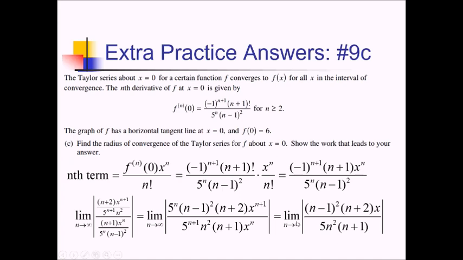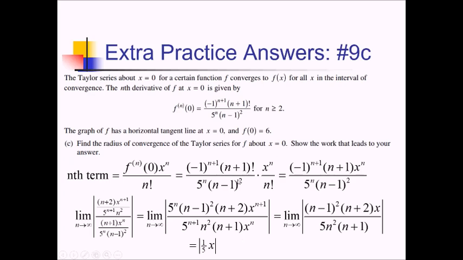So as n approaches infinity, we can forget about this negative 1, this plus 2, and this plus 1. We've basically got n squared times n times x, so x n cubed in the numerator. In the denominator, we have basically 5n cubed. So the n cubeds are going to cancel, leaving us with just the absolute value of x over 5, or 1/5 x if you want to write it that way.